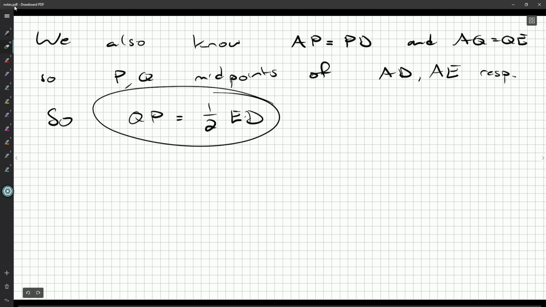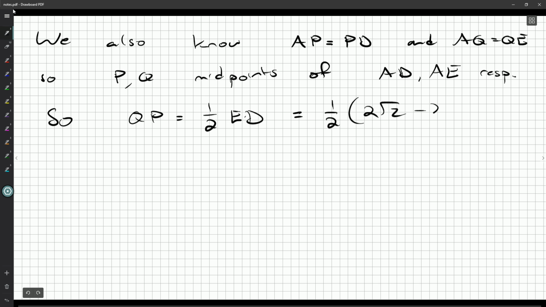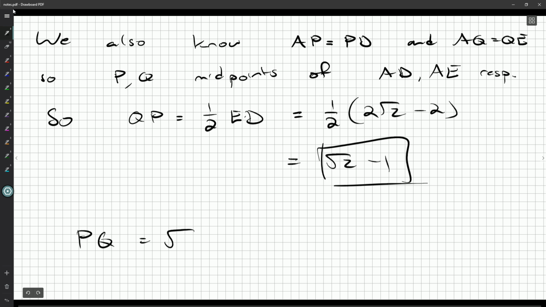Okay. So that's a half of what we just worked out, 2 root 2 minus 2. So it should be root 2 minus 1. And if you wanted to, putting the box is fine, but you can say PQ is root 2 minus 1 here. And that would work just fine.